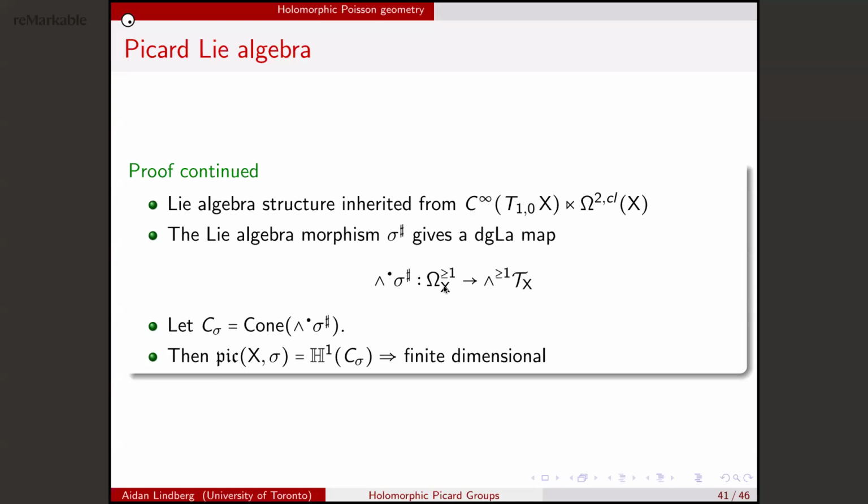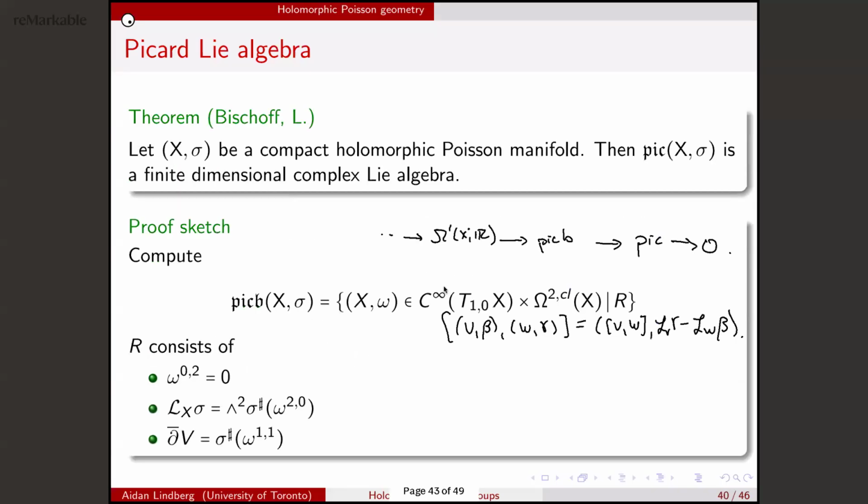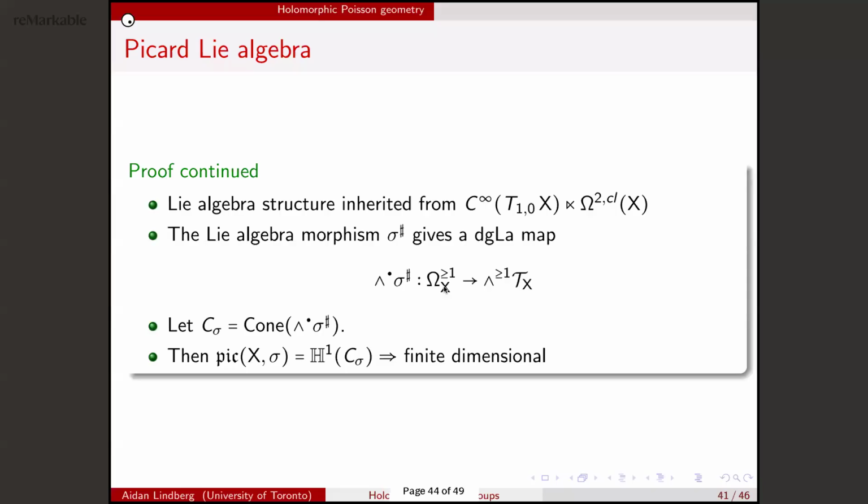You can check that for this Picard Lie algebra, these relations, I went back a page, maybe that was a bad idea, are exactly saying that you are a one cocycle in this cochain complex.